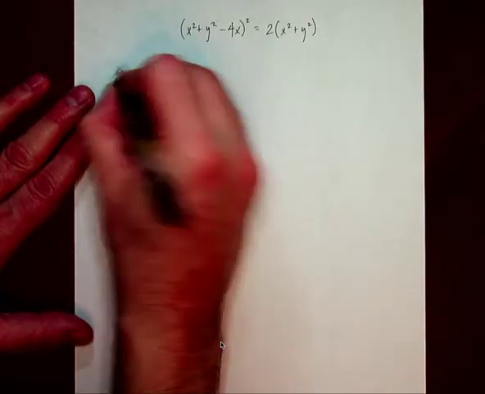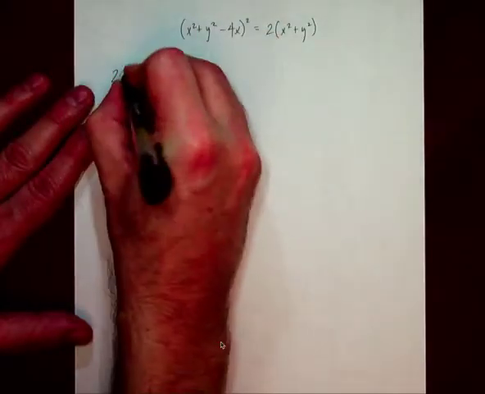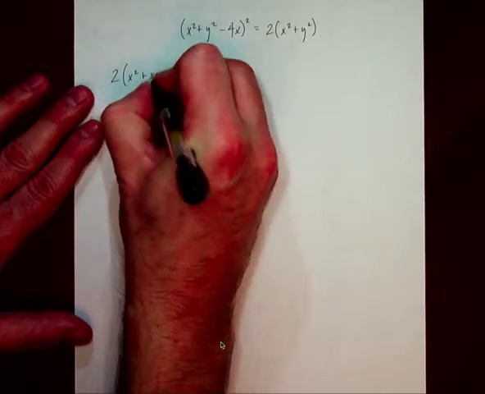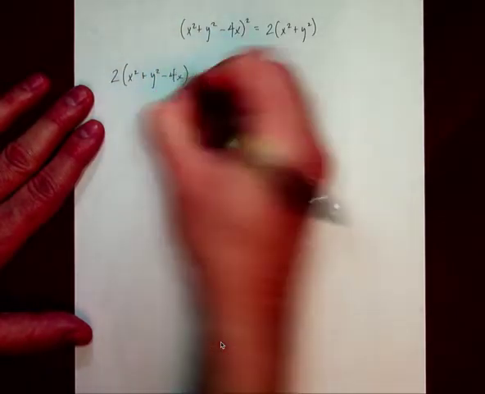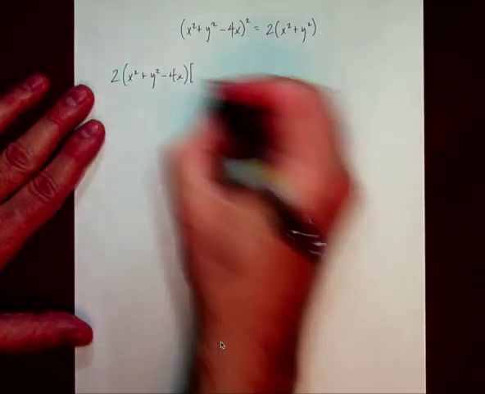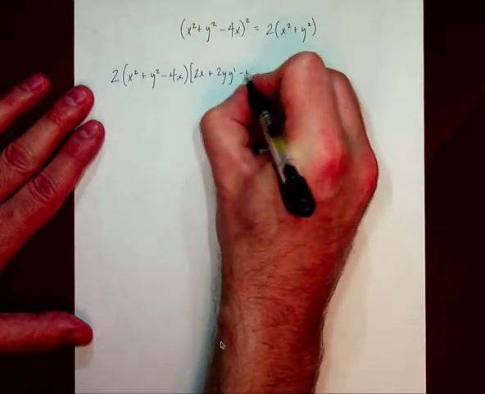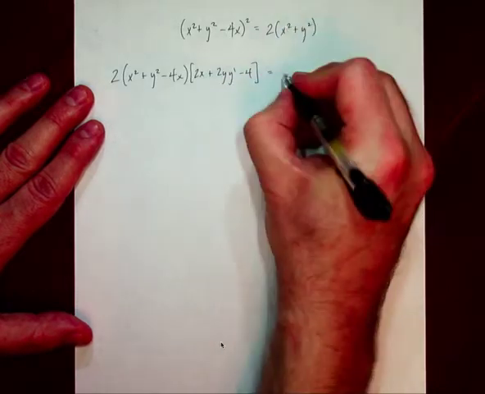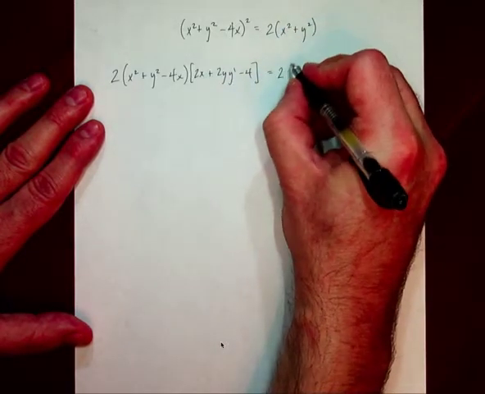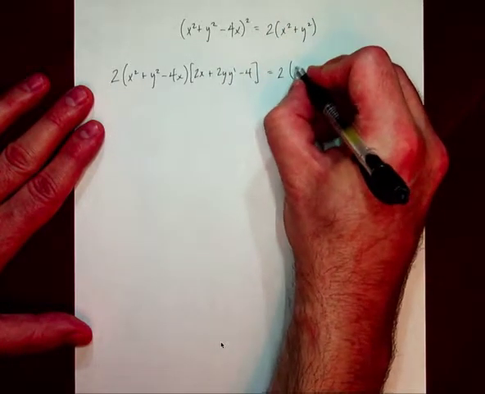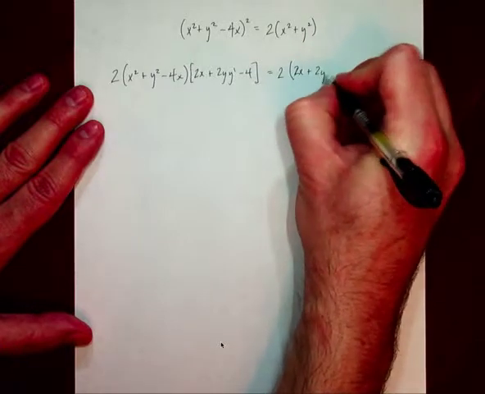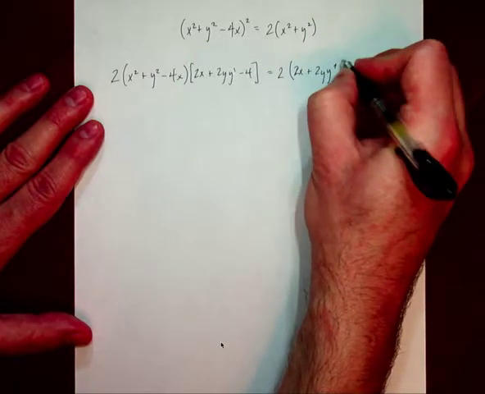So this winds up being stuff squared, so it's 2 times stuff times the derivative of that stuff, right? So it's 2(x squared plus y squared minus 4x) times (2x plus 2y y prime minus 4). And over here, this just becomes 2, and this becomes (2x plus 2y y prime).